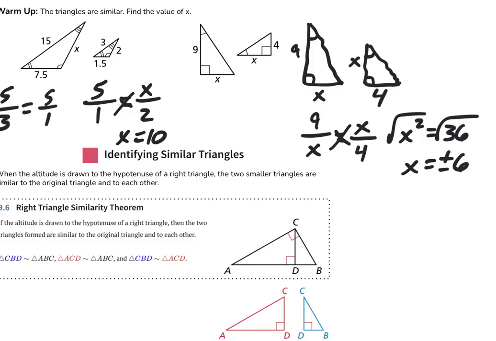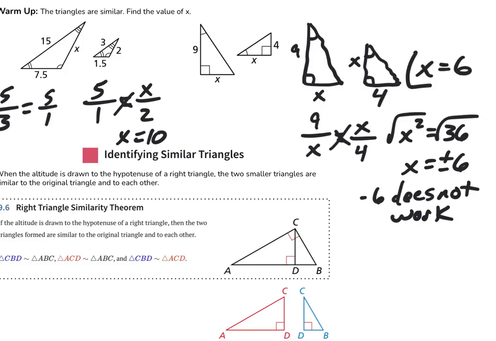But because we're talking about the length of a side, would it make sense for me to say that this side length is negative 6? No, because we're actually talking about a triangle. X is the side of that triangle. So negative 6 does not work. So my answer would simply just be x = 6.